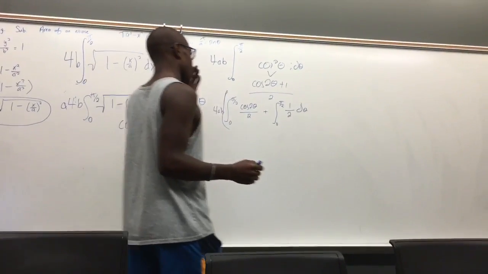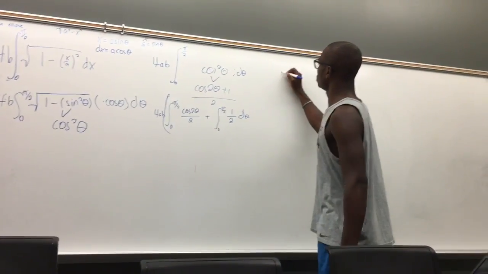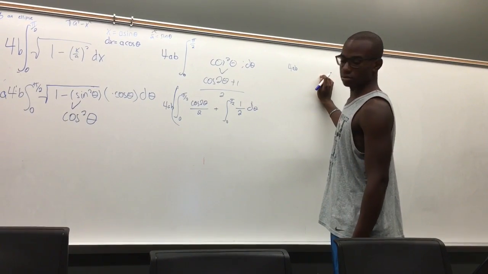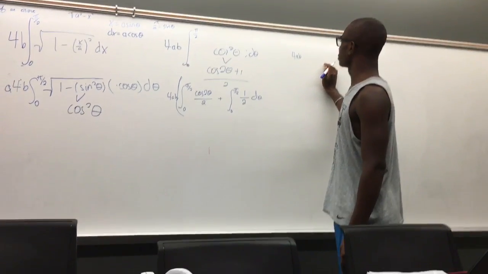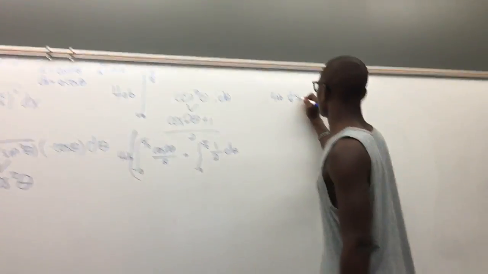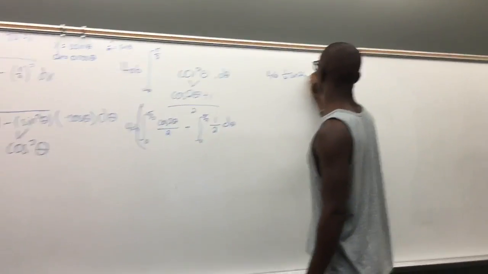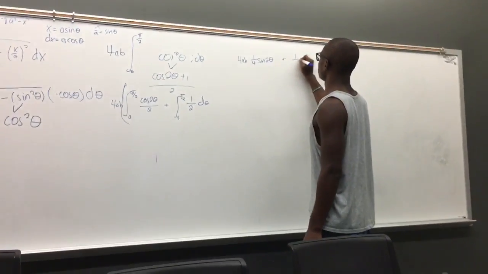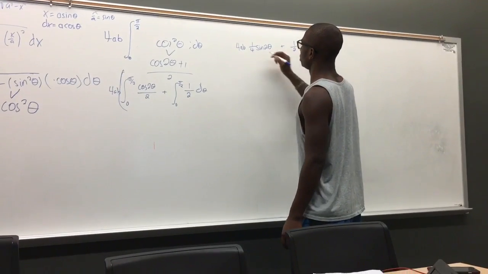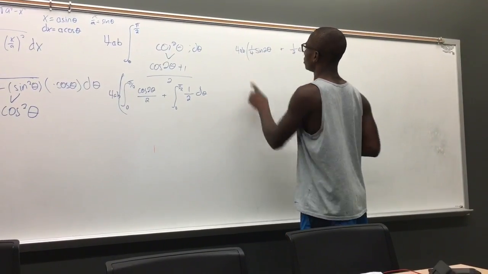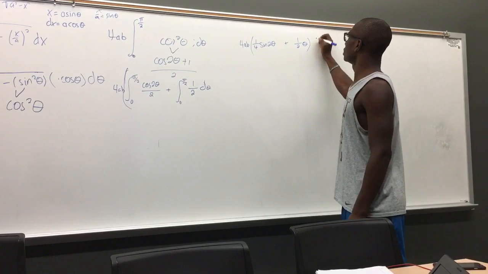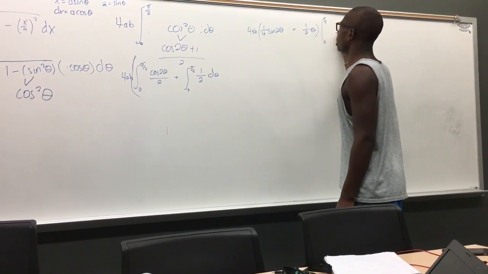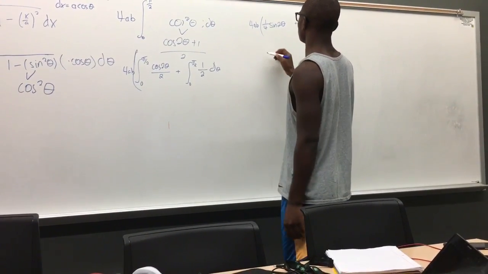And when you integrate that, you're going to get 1/4 sine 2 theta plus 1/2 theta, all multiplied by 4ab, and evaluate it from 0 to pi over 2, and you can simplify that down.